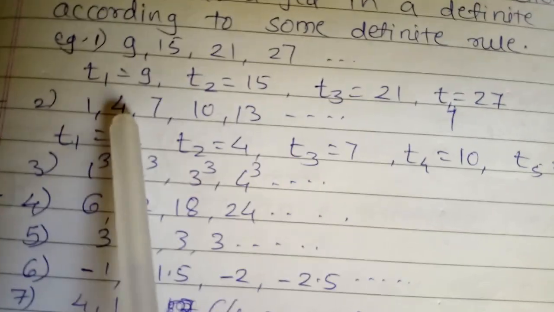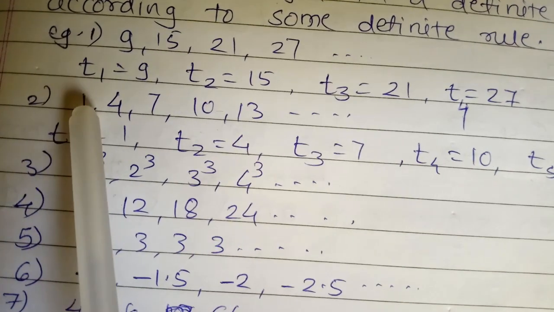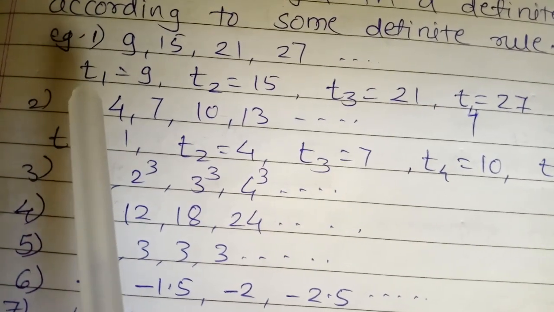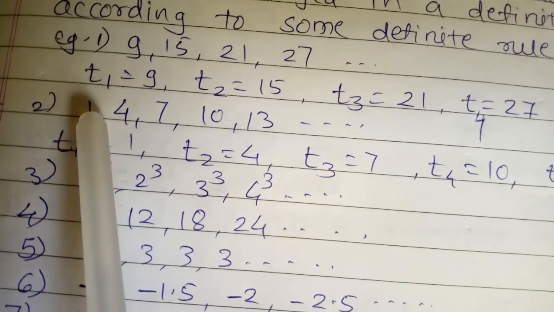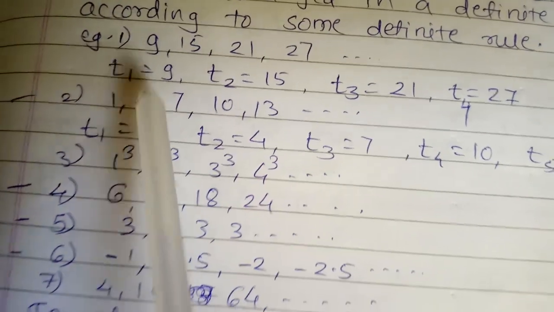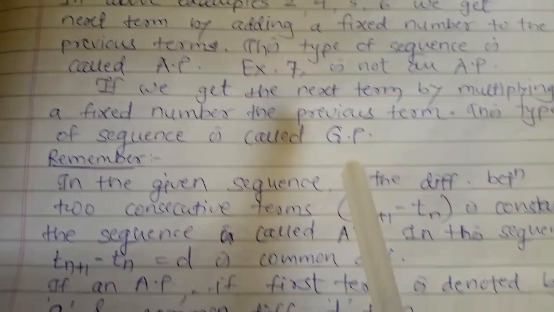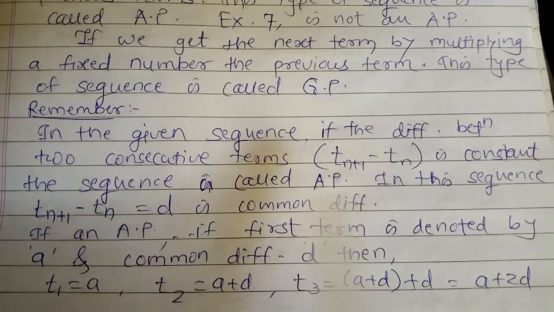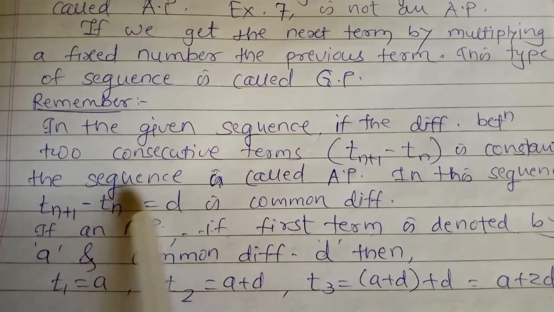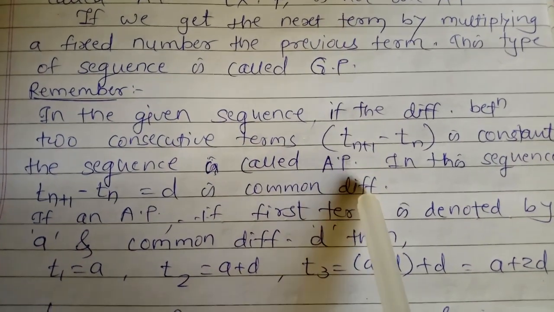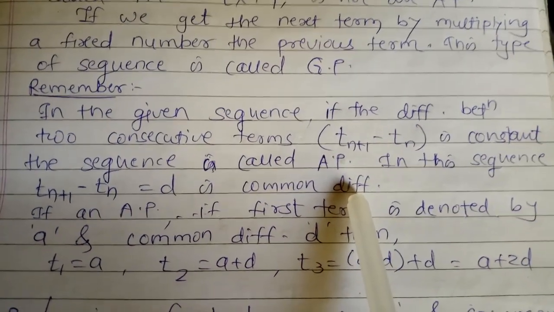Suppose this is Tn and this is Tn plus 1, the previous term is 1 and the term after it is 4, and if the difference between them is a constant, then it is an AP. So in this sequence, Tn plus 1 minus Tn is equal to d, which is called the common difference, and which must be constant in an AP.